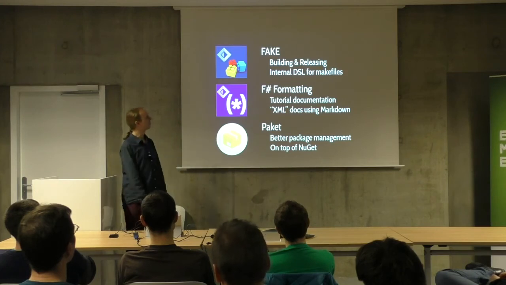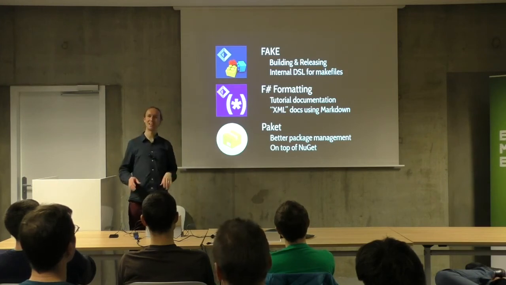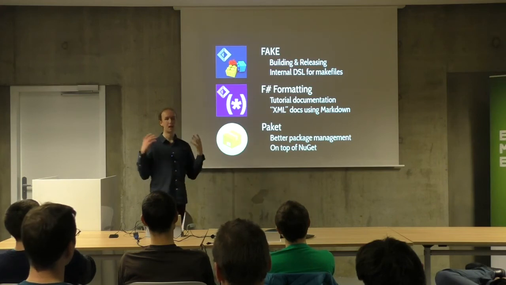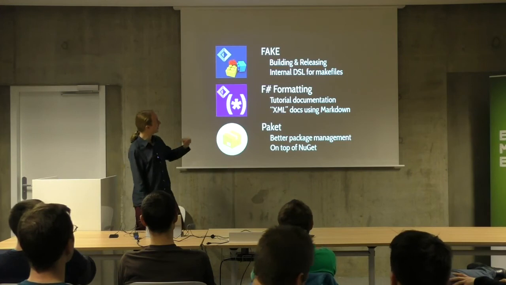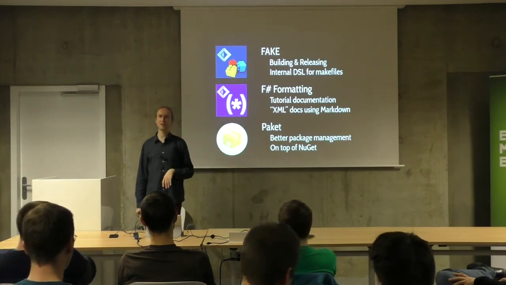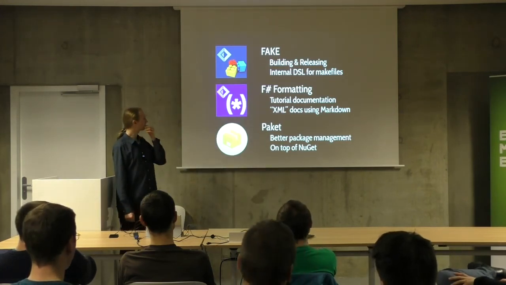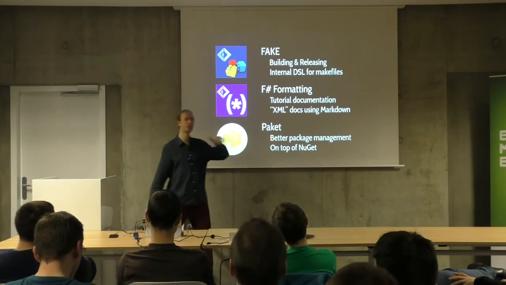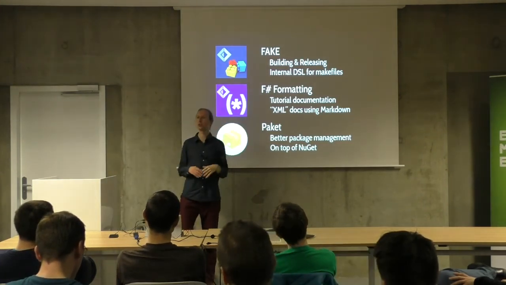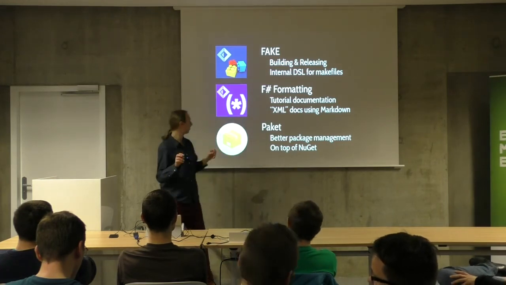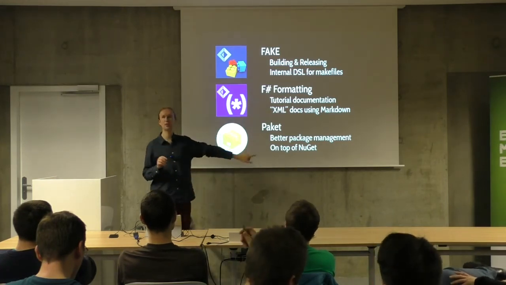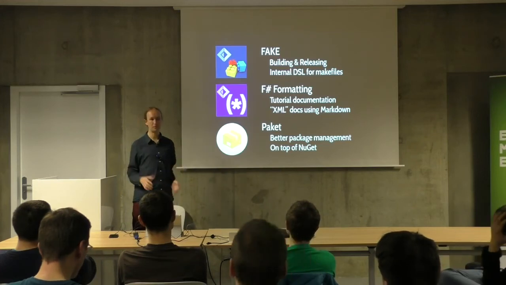It's a tool for doing build scripts, and I'll show you the build script here. It uses F# Formatting for building the documentation, and you can build the documentation using these tutorial files, but it can also extract the XML comments, and it's using Paket, which I talked about already, for dependency management.